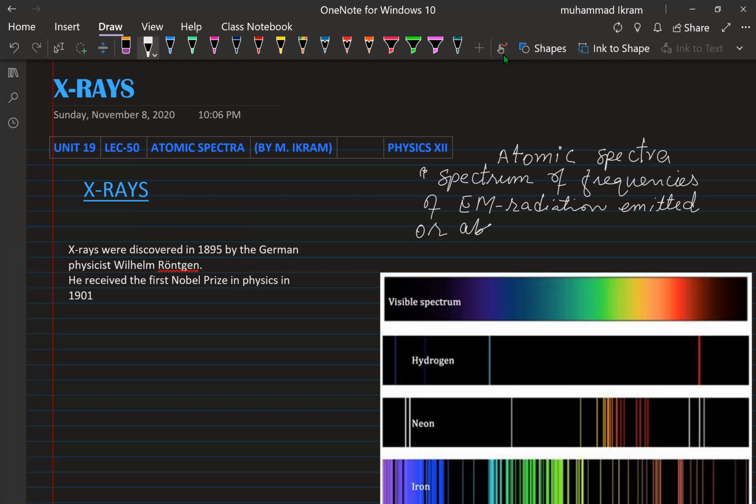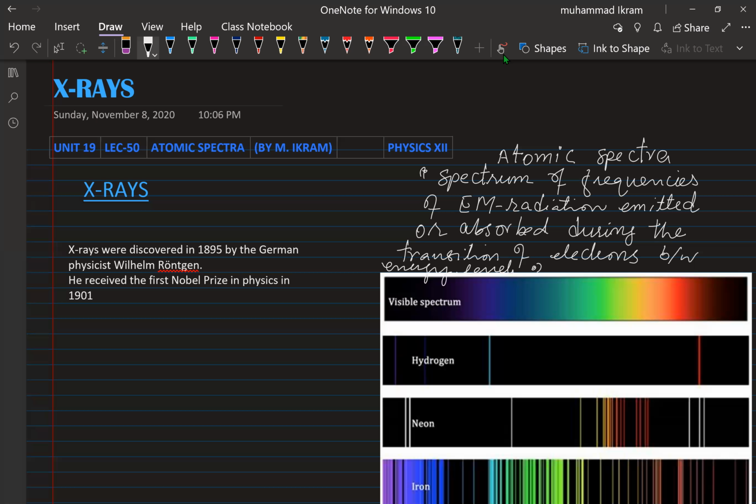Emitted or absorbed during the transition of electron or electrons between energy levels.